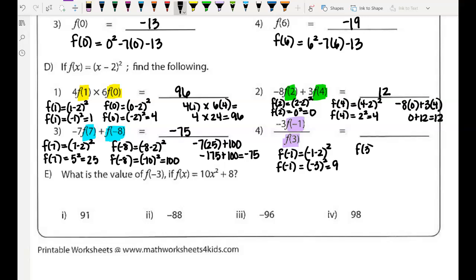And then f of 3 would be 3 minus 2 quantity squared. So f of 3 would be 1 squared, which is 1. So -3 times 9 divided by 1 is -27 divided by 1 is -27.